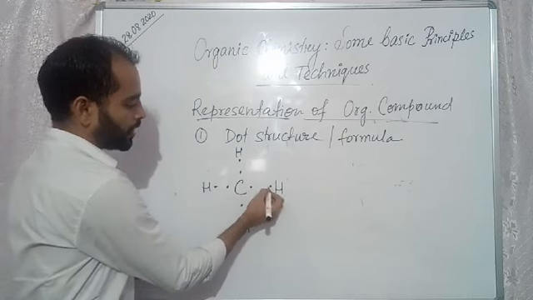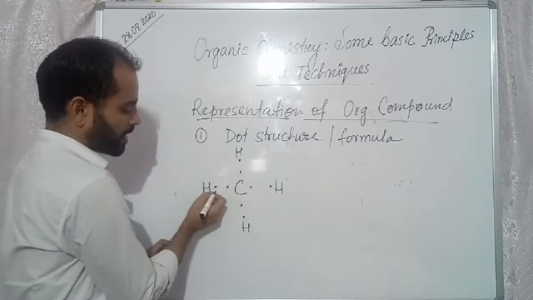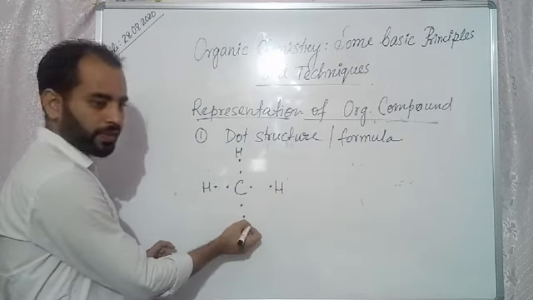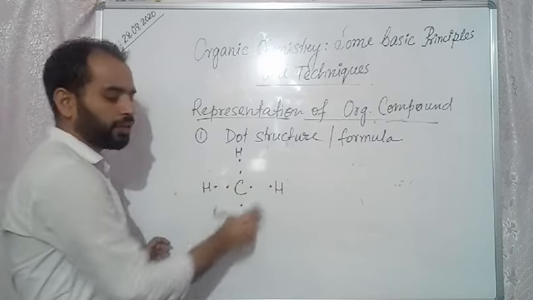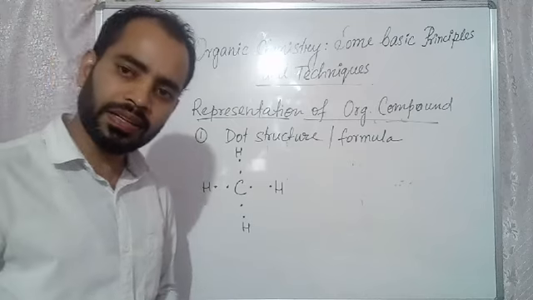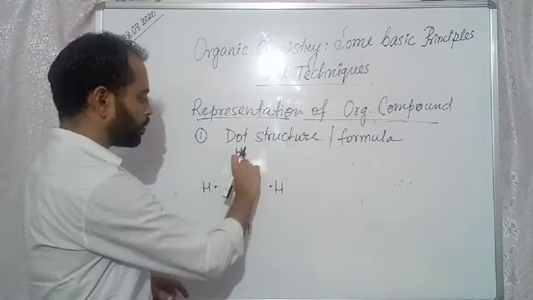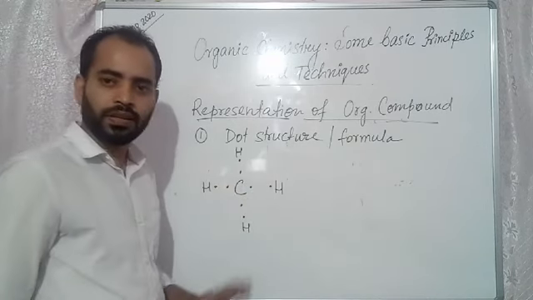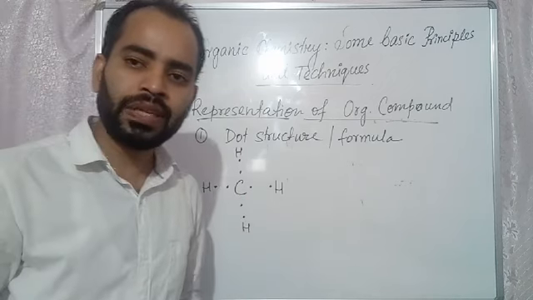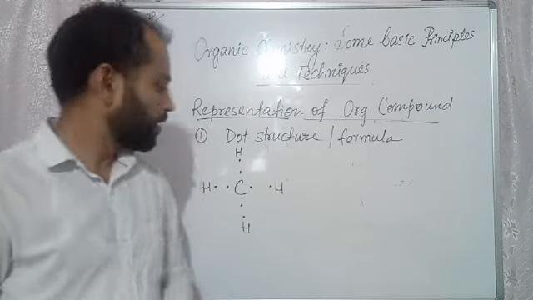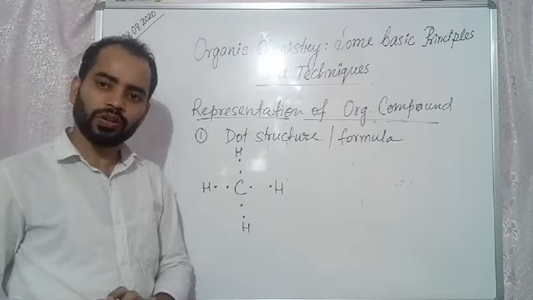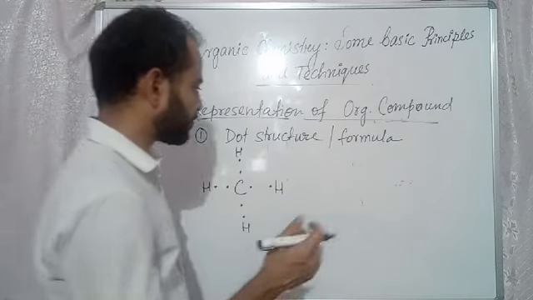How? 2 electrons, 4, 6, 8. Its octet is complete, and every individual hydrogen has completed its doublet. 2, 2, 2, 2. The methane molecule is now in stable configuration. This representation is called dot structure representation.